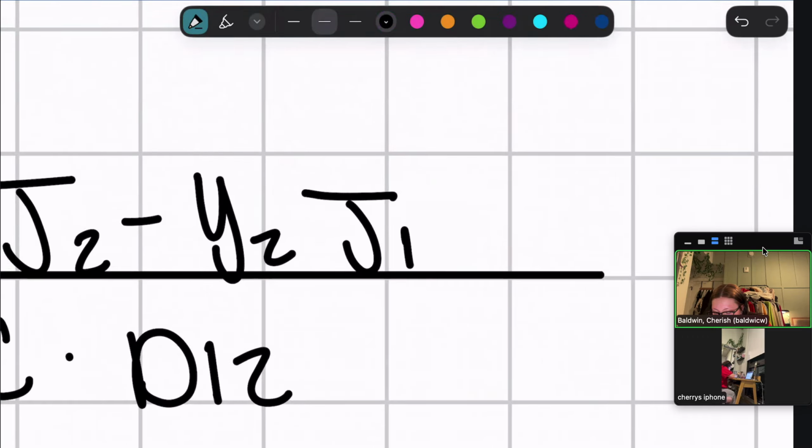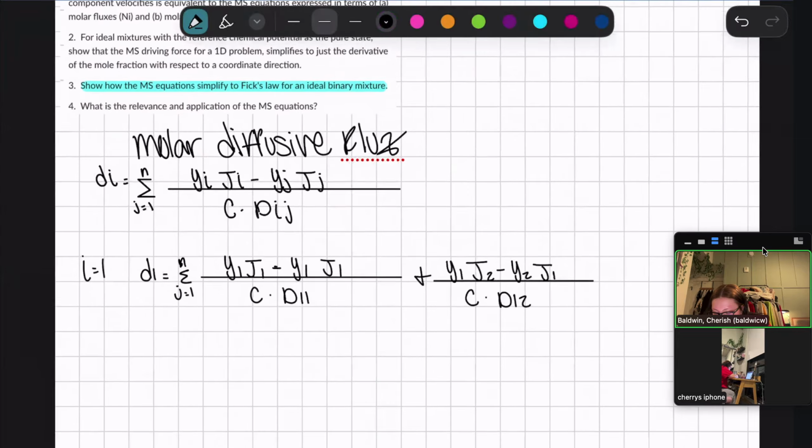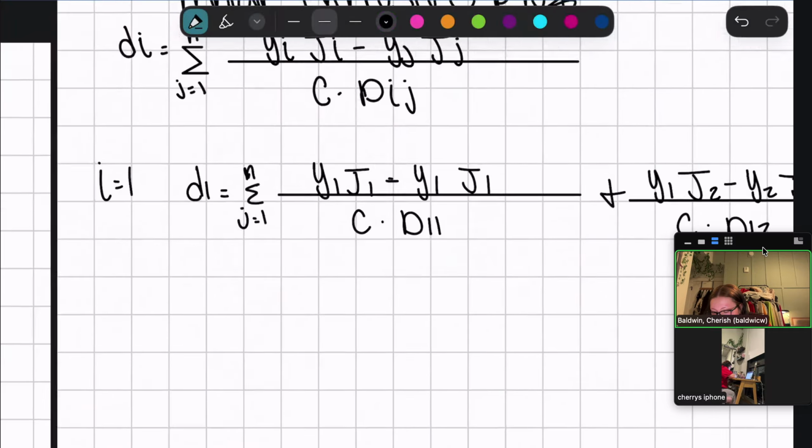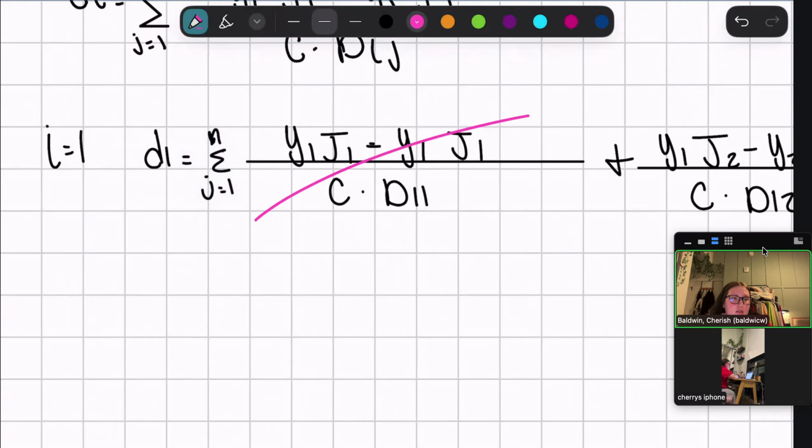This is actually 1. Alright. And then this whole term cancels out because if you're doing it through the same component, there's going to be no change, so it just cancels out.